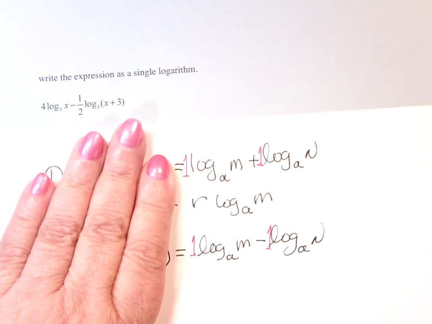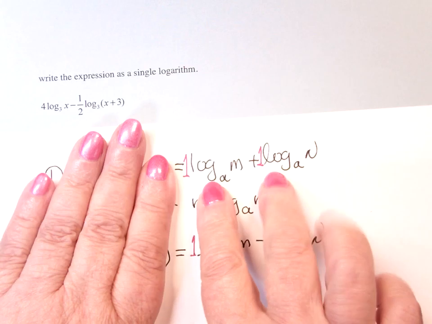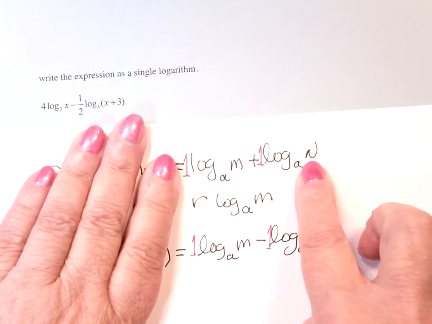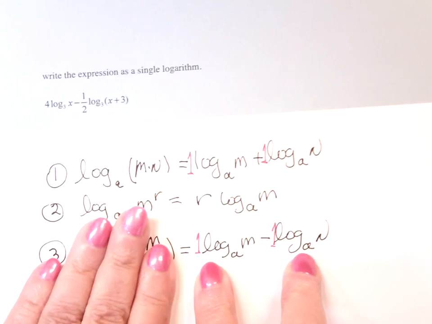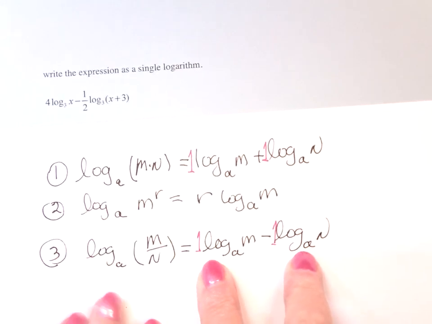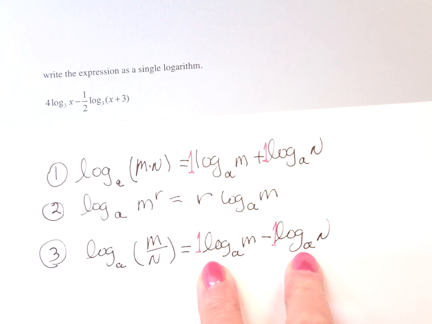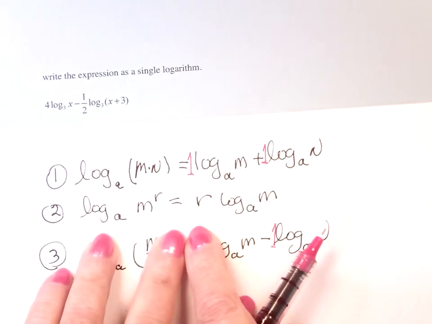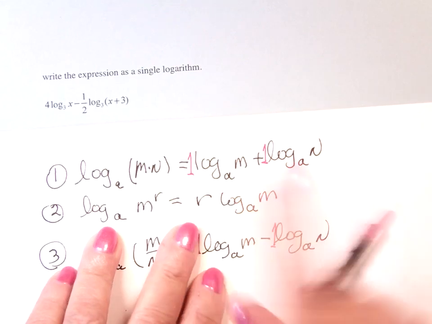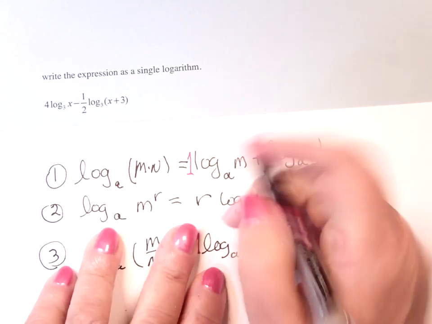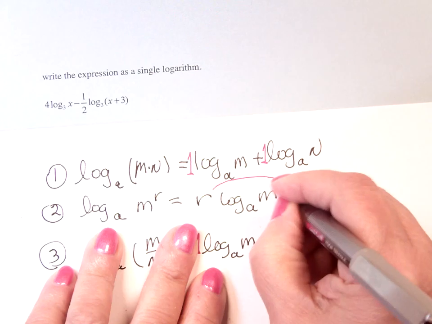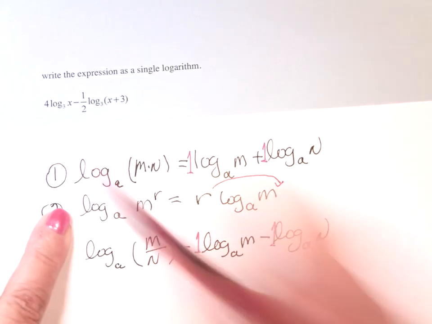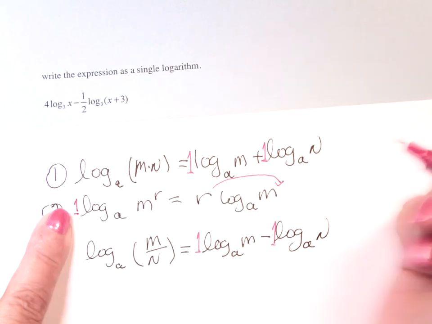So I can't bring these two back together unless the coefficient on the logarithm is 1. The only time the coefficient of the logarithm isn't 1 is in this property, and that means that in order to move it back, you're going to have to bring the exponent up. When you bring the exponent up, then the coefficient of the logarithm is 1.